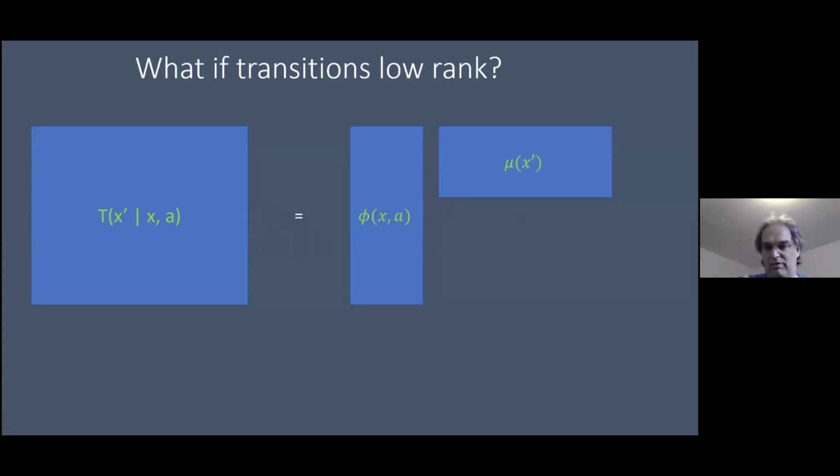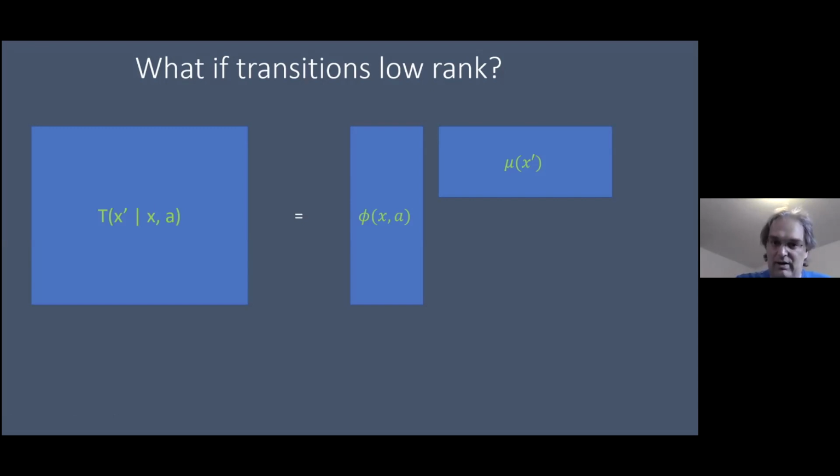You have some function phi which takes a picture and an action and maps it into maybe a 100-dimensional vector, and then you have some other function mu, which takes another picture and maps it into a 100-dimensional vector, and when you take the dot product, that's going to define the entry in your transition matrix.